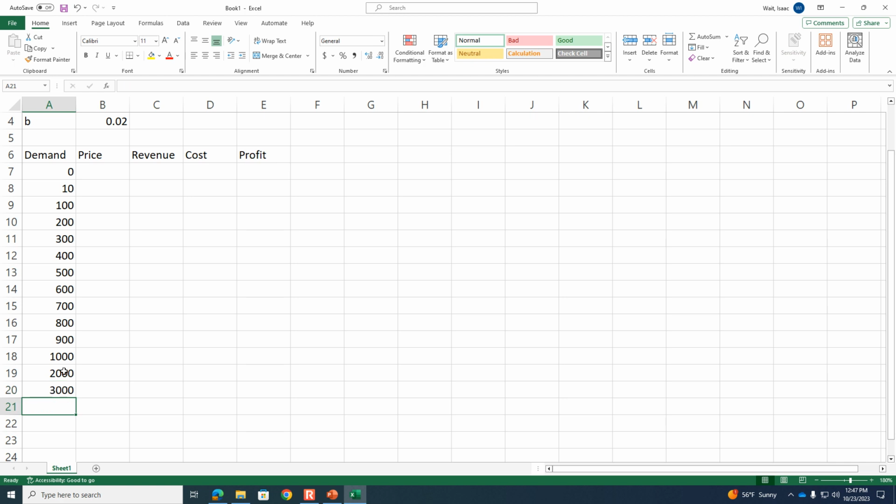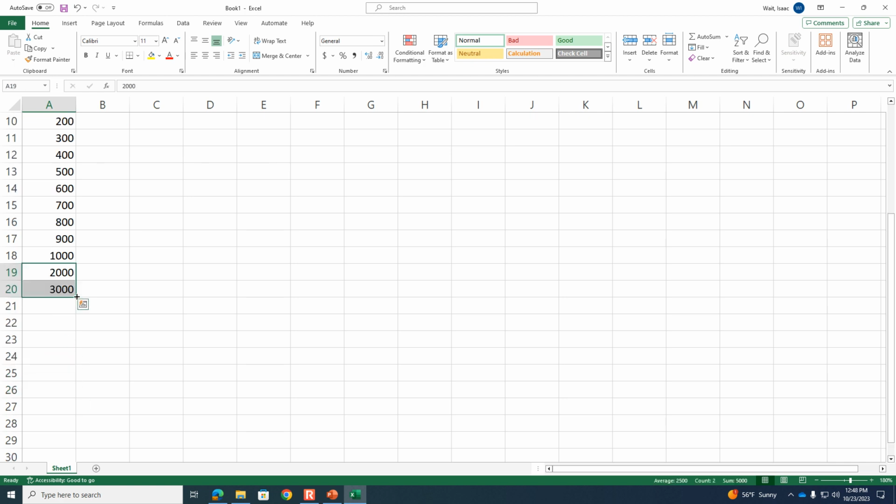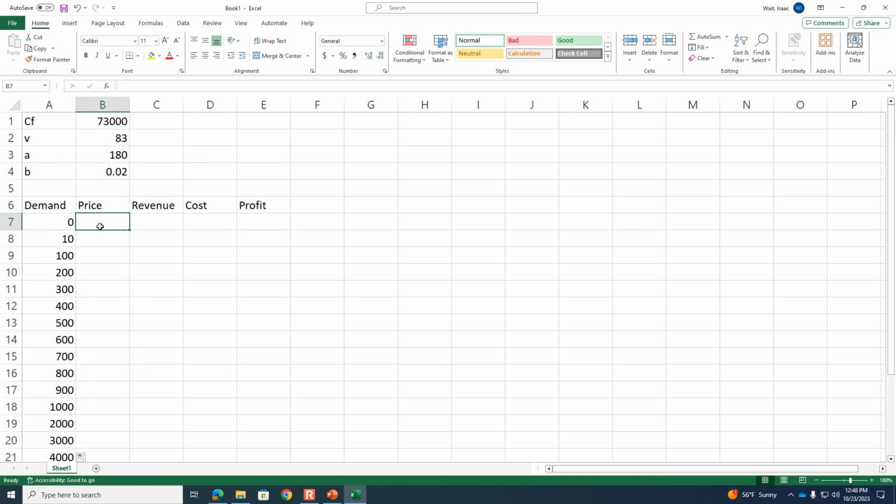So it's a little bit iterative in that sense. Okay, the price, remember, is going to be 180 minus 0.02 times the demand.